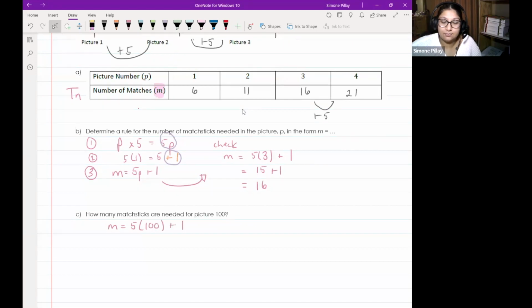Then M is equal to 5 times 100, which is 500, plus 1. Then M is going to be equal to 501. 100%. And you did that so easily. Well done. Thank you, ma'am.